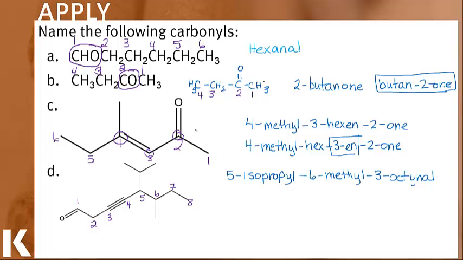If we want to be incredibly formal, we can, again, rearrange this. So the 3 is by the yne and we get 5-isopropyl 6-methyl oct-3-ynal, telling us that, again, that triple bond is on the 3rd carbon.